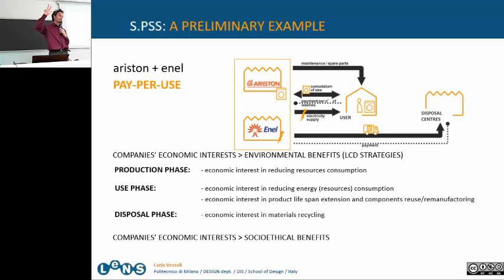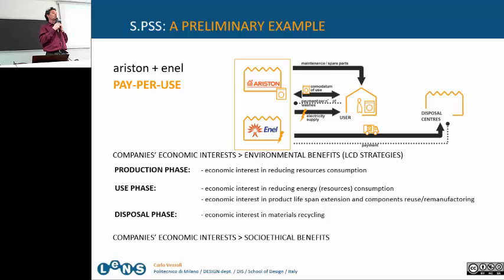And we are tackling the three, thinking that the economic is very important, because if this can be the driver to speed up environmental and socio-ethical sustainability, that's great, right? So while the company may have an economic interest to produce socio-ethical benefits, where and how could an S.PSS be a benefit for social equity, for example?